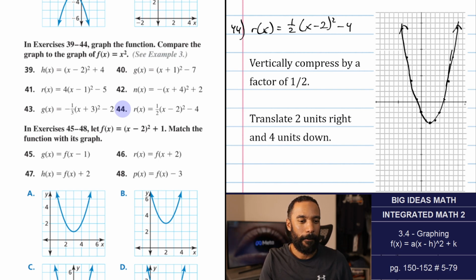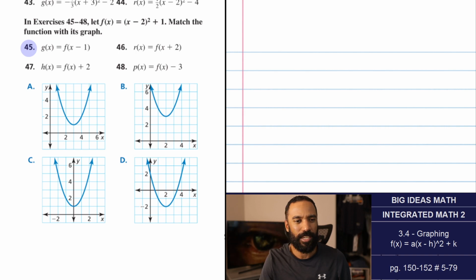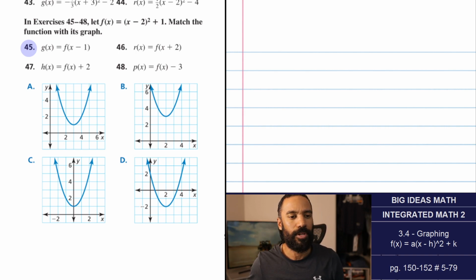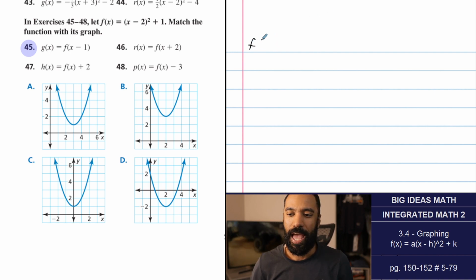Okay, numbers 45 to 48, it's another matching bit. So this one's a little bit different, though, because of what they're asking you. Let f of x equal x minus 2 quantity squared plus 1.